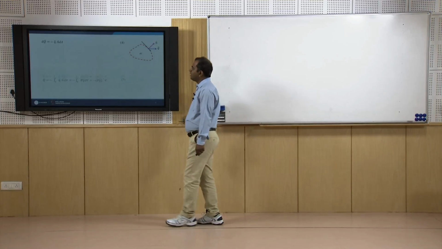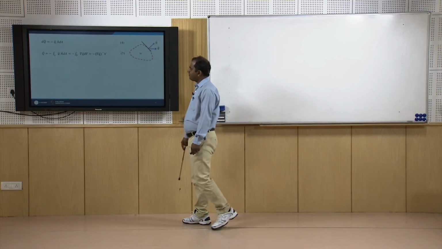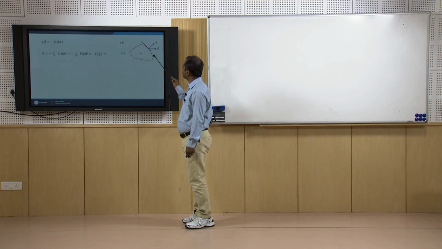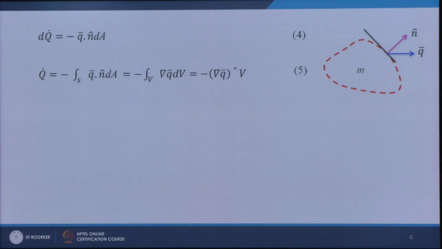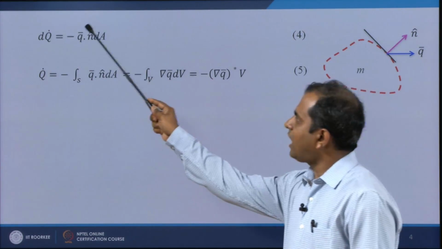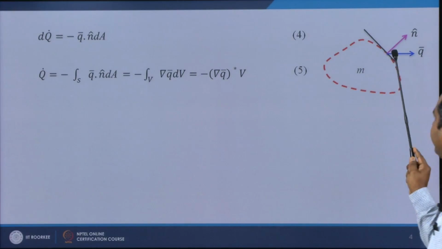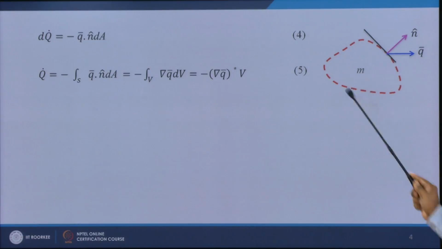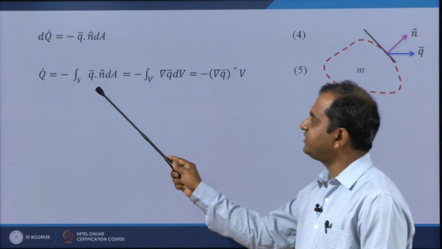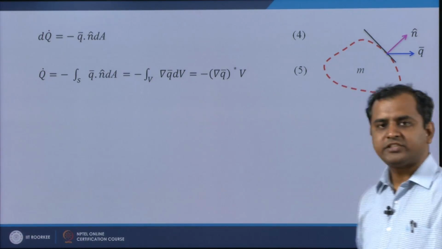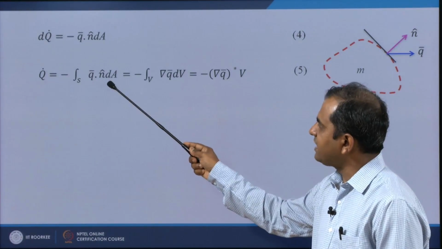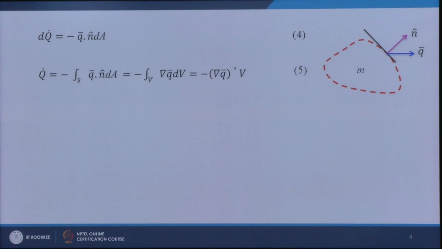Then, for finding the overall q dot released from the overall surface of this control volume, we need to integrate this term over the overall surface area. So, here we have done the surface integral of q dot n cap into dA.